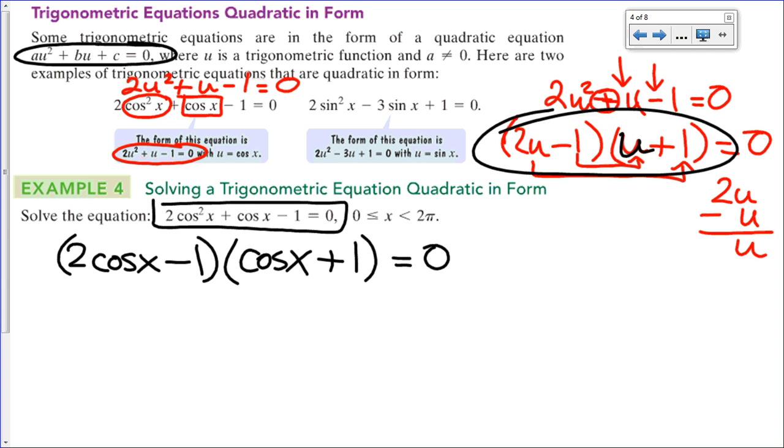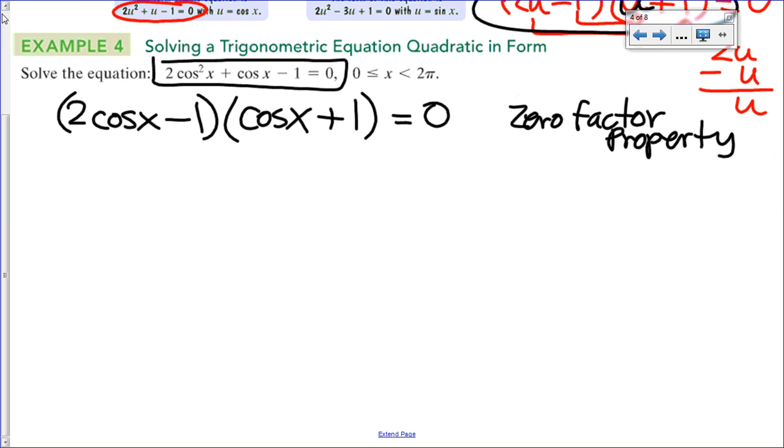Now from here, we're going to use that zero factor property that we use so much when we were finding zeros with polynomials. Do you guys remember that? So what am I about to do? We're about to equal each factor to what? 0.